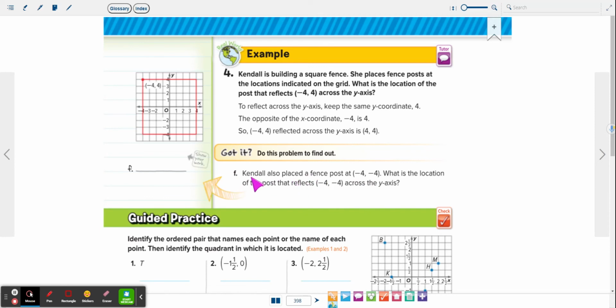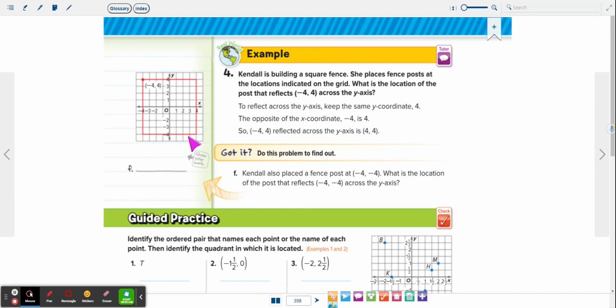And we just did the problem. It says Kendall also placed a fence post at -4, -4. So that would be right here, -4, -4. What is the location of the post that reflects -4, -4 across the y-axis? So go all the way across the y-axis, and we want to do the same thing.